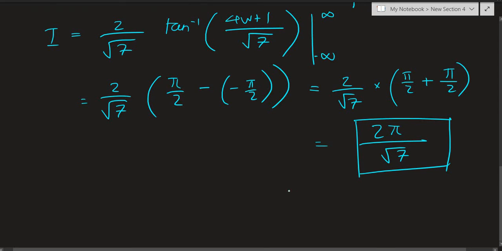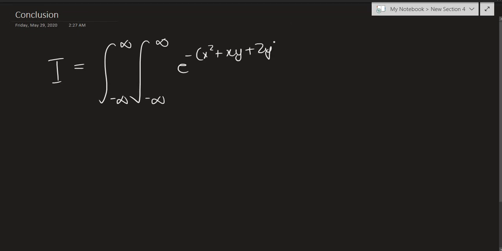Well, that's a pretty neat answer. Again, the pi just drops in out of nowhere. But that's the answer to our fun double integral. Now to conclude, we had our I equal to the double integral from negative infinity to infinity of e raised to negative x squared plus xy plus 2y squared dx dy.